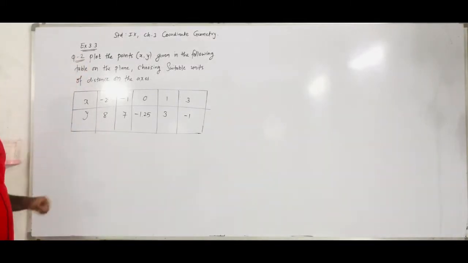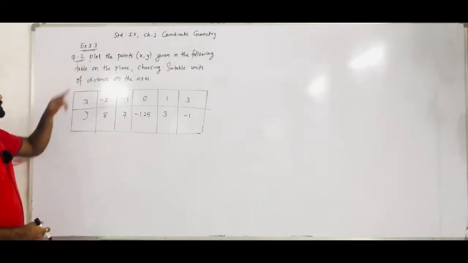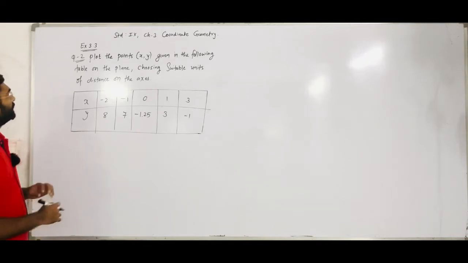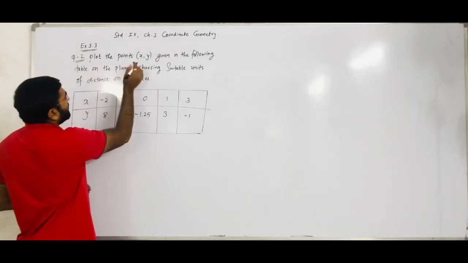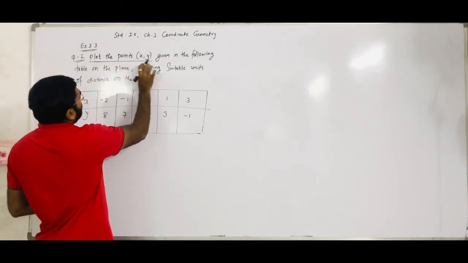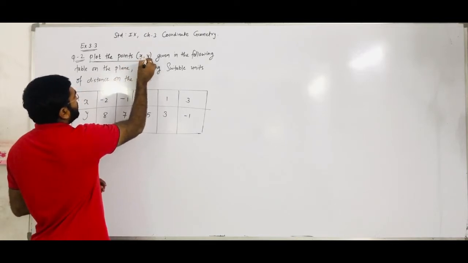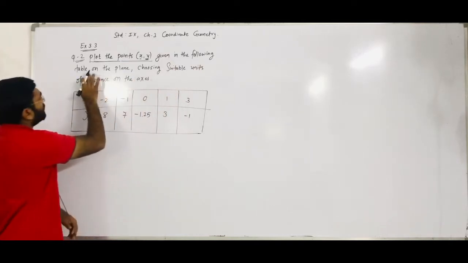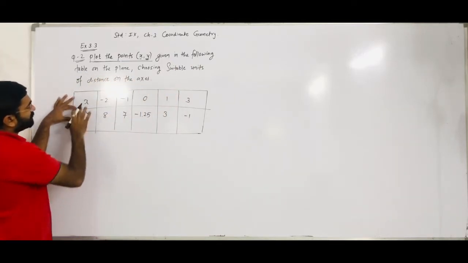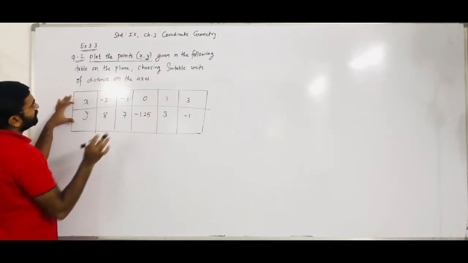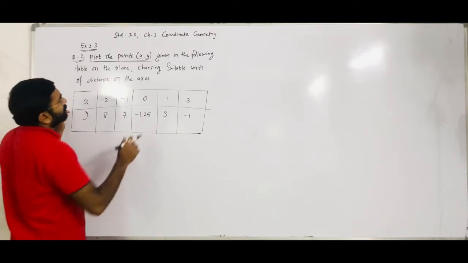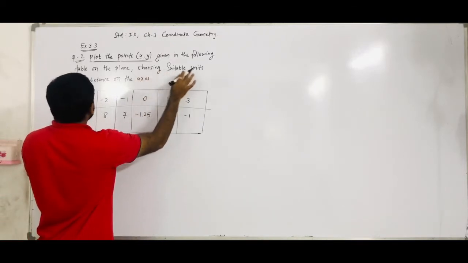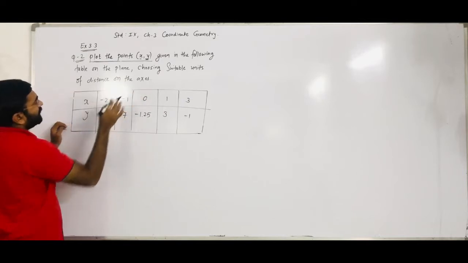So now in Exercise 3.3 we solve question number 2. In question number 2 it is given: plot the points (x, y). First is the x coordinate, second is the y coordinate of that point, given in the following table, on the plane. So we have to choose suitable units of distance on the axis.